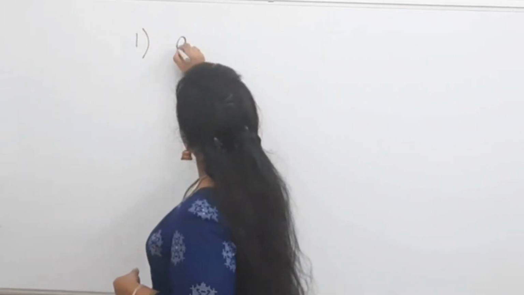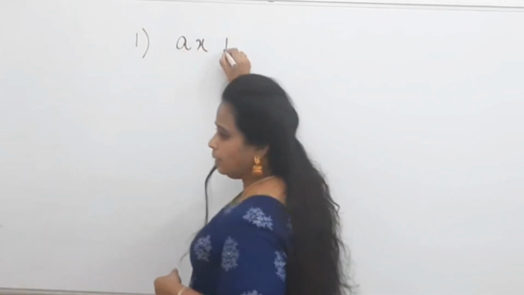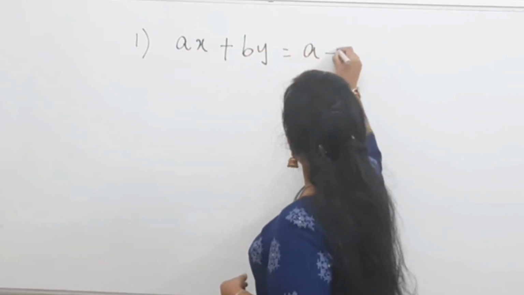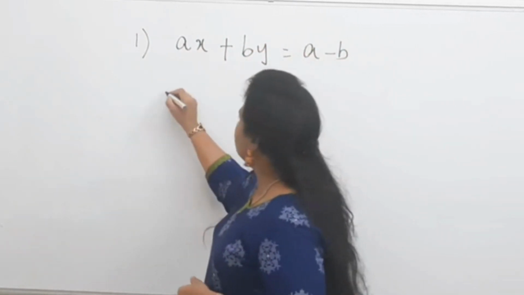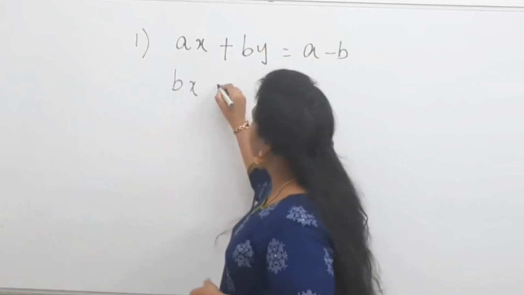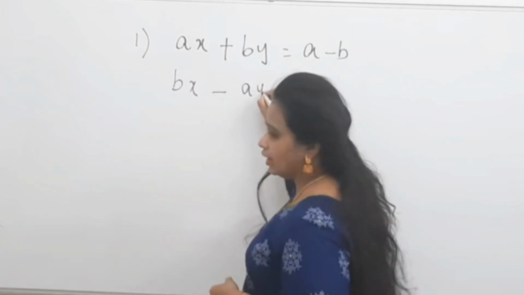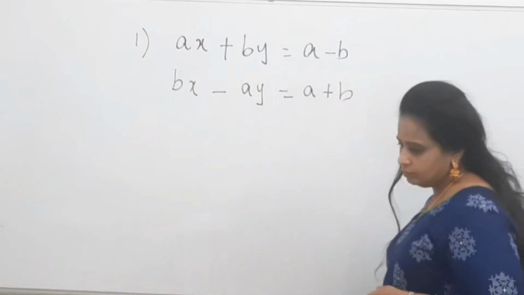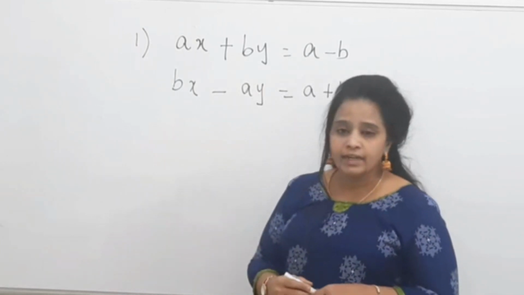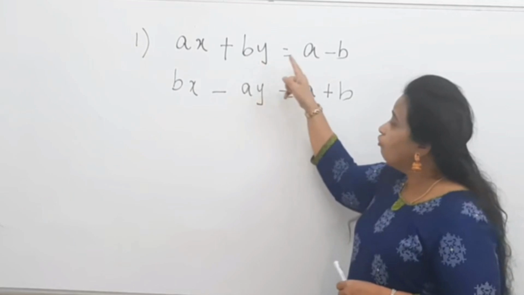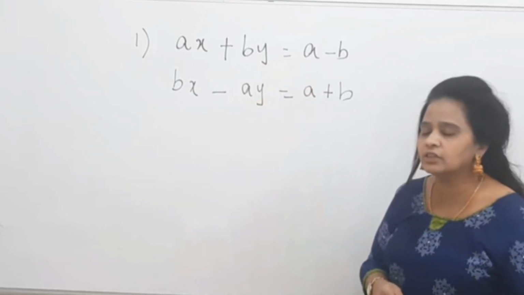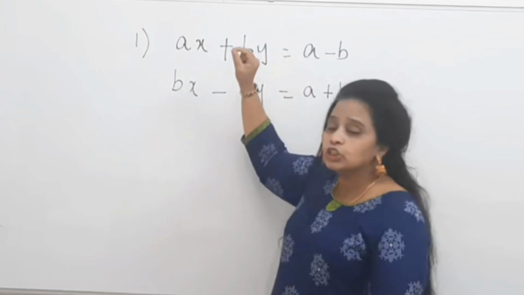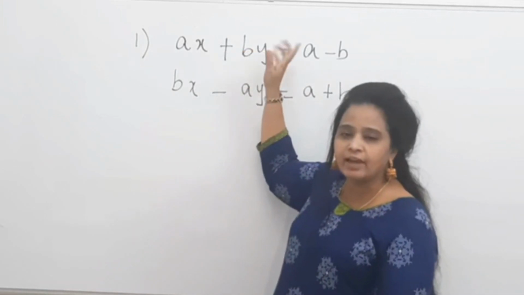Equations are given: ax plus by is equal to a minus b, and bx minus ay is equal to a plus b. Now you will understand there are 4 variables in this question. But it is given the question solve for x and y.